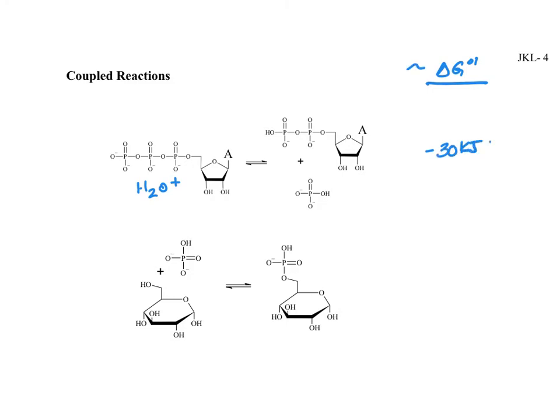That's an approximate value based on what we know happens when you hydrolyze a phosphoanhydride. This is negative 30. It's favorable. When we take glucose plus phosphate to make glucose 6-phosphate, we end up abstracting a water, and we said that this is positive 14. Let's just call it positive 15 kilojoules per mole because that's sort of the general value we have for phosphoesters.